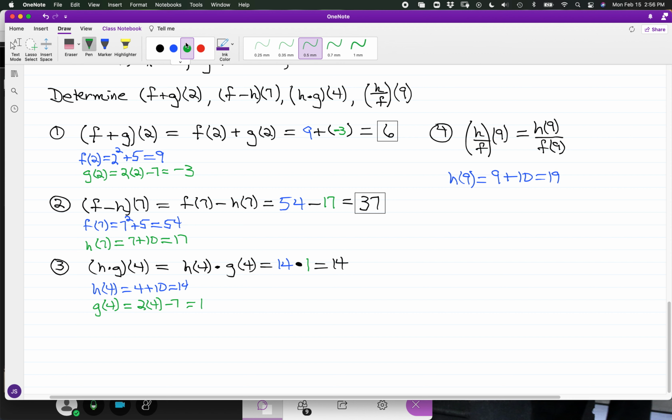And for f of 9, again, you have x squared plus 5, so in this case 9 squared plus 5. 9 squared is 81, 81 plus 5 is 86.